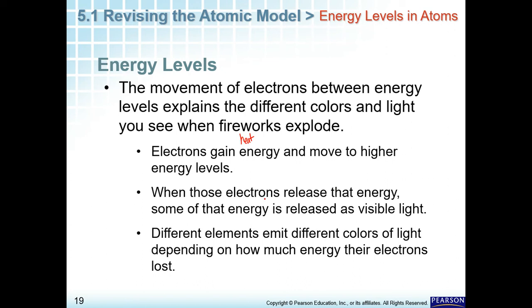Now, those electrons can't stay at that high energy level forever, so eventually they release that energy, and when they release that energy, they release it as visible light that we are able to see. Different elements are going to emit different colors of light depending on how much energy they lost. So certain energy amounts allow us to see different colors of light.